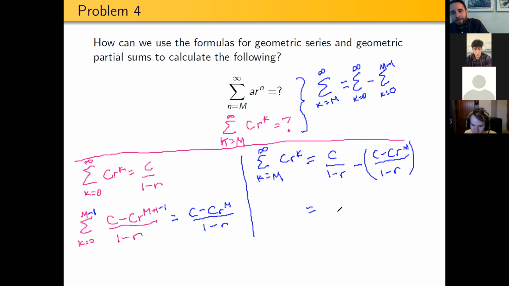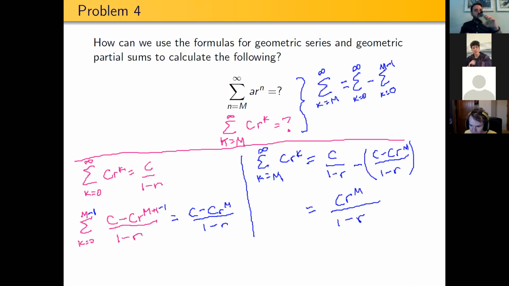Right, and then that simplifies. We have the common denominator of 1 minus r, and then we just end up with a positive c times r to the m. So in a way, Jose, this is a different answer to your question from a while ago, that if we end up starting with a value other than m equals 0, this is what we can do. This is the formula we can use.